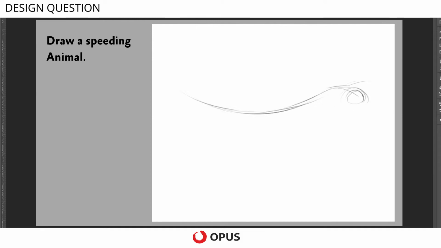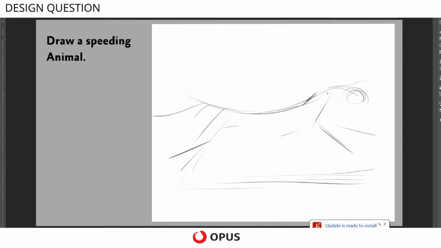So suppose this is the head and these are the legs, a rough indication of the entire figure first, and that can give you a good idea about how the figure is going to form.